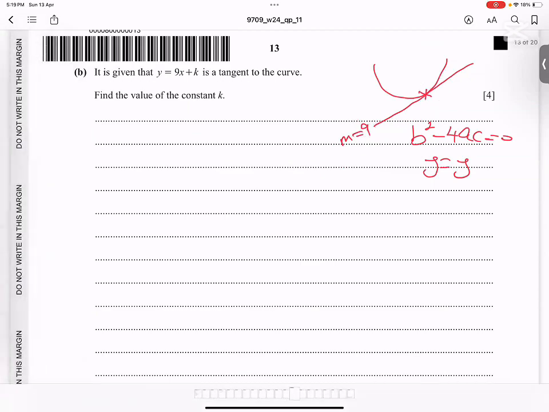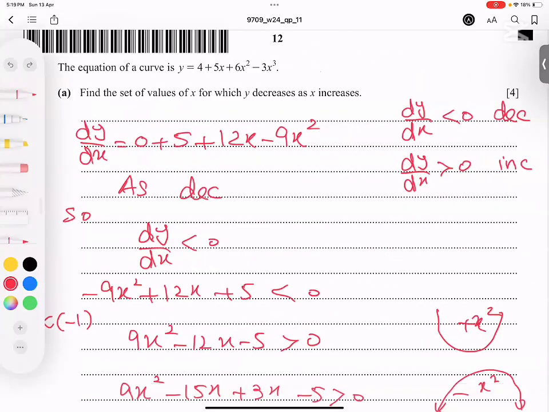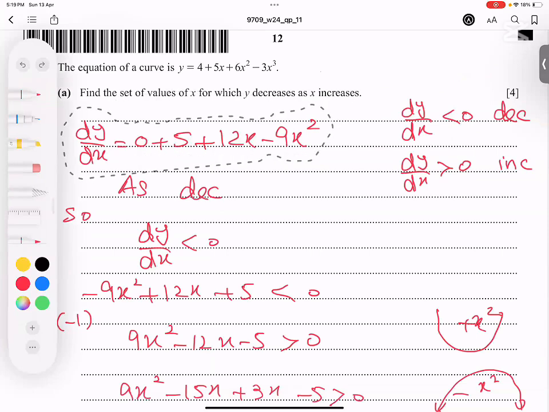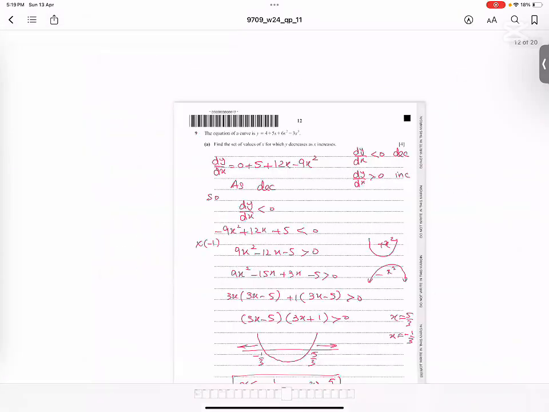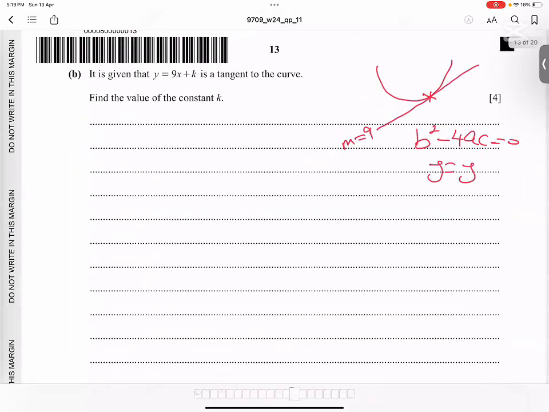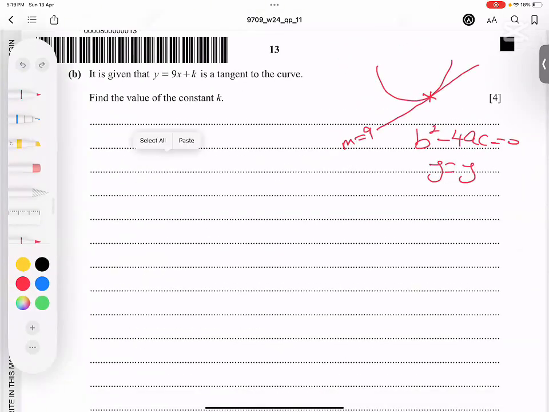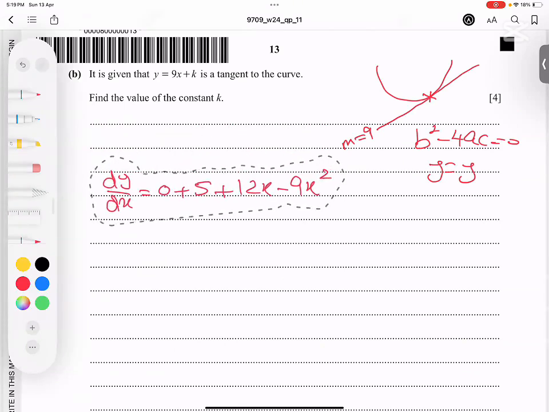Let's start. I already have the derivative available, so I am going to copy this equation from here and paste it here. Basically, I'm saying that dy over dx is equal to 9.